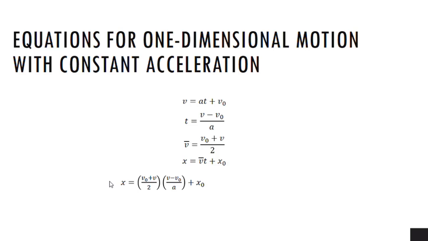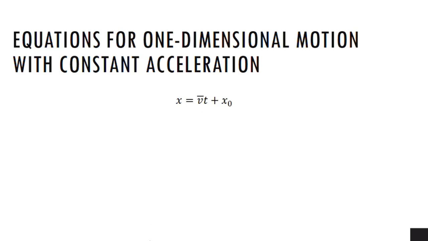So x is equal to x naught plus v naught plus v divided by 2, times v minus v naught divided by acceleration. Multiplying it out, x minus x naught is v squared minus v naught squared divided by 2a, which is finally written as vf squared minus vi squared over 2a times the distance. This is my third equation of motion.